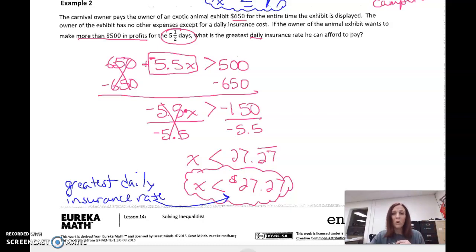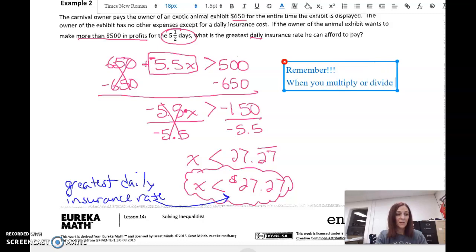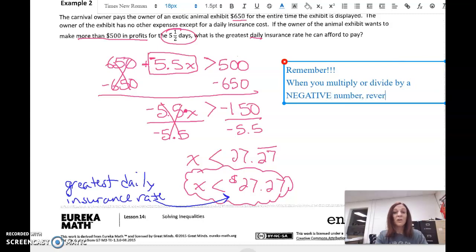Okay, one last piece of advice. Remember, when you multiply or divide by a negative number, reverse the inequality sign or symbol.